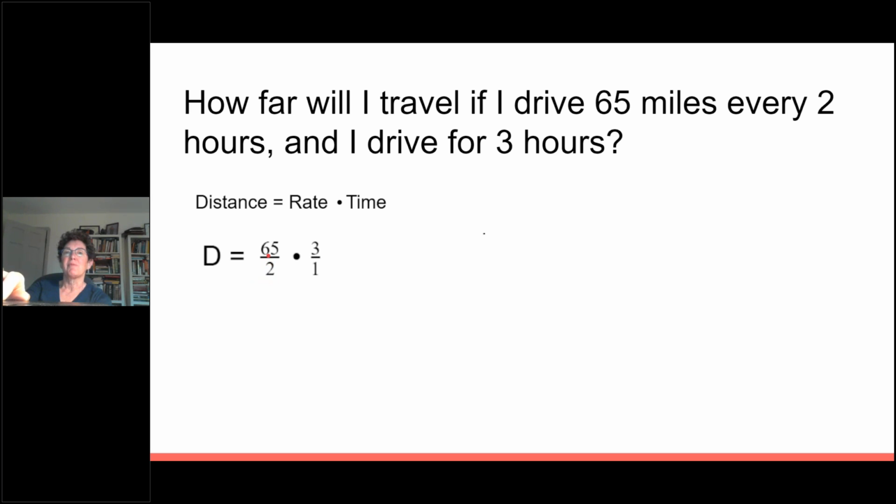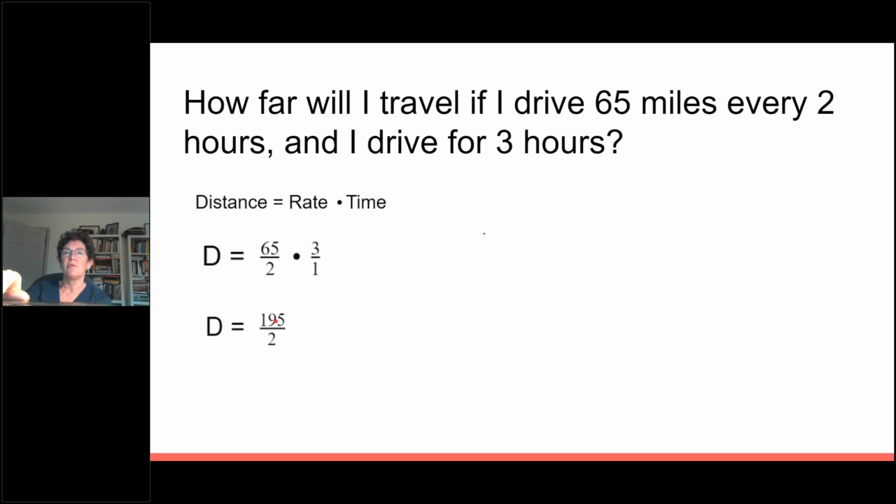So now we're remembering, how do we multiply fractions? 65 times 3, numerator times numerator, denominator times denominator, 2 times 1. So our answer is 195 over 2. Remember, this fraction bar also means a division.